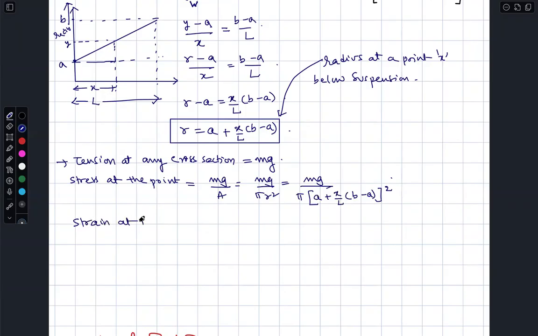Strain at that point is equal to stress by Young's modulus.